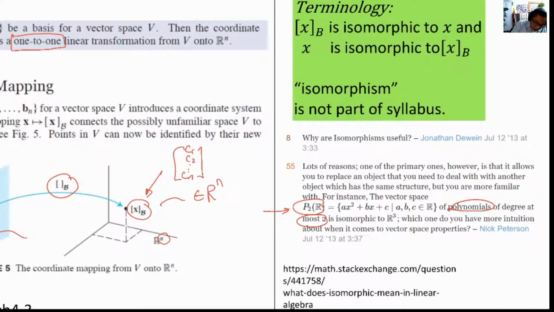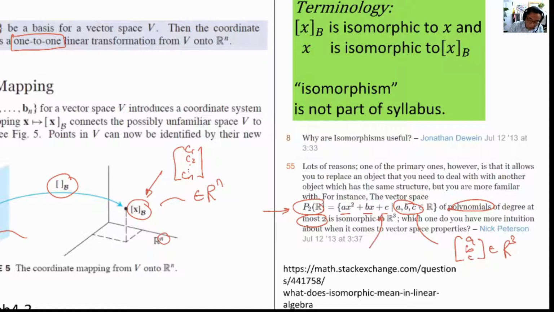Polynomials are a times x squared plus b times x plus c, and this is of up to degree 2 because we do not have something to the power of x cubed. Now a, b, c are the values associated with these polynomials, and they can be represented as a vector a, b, c. This is R3.